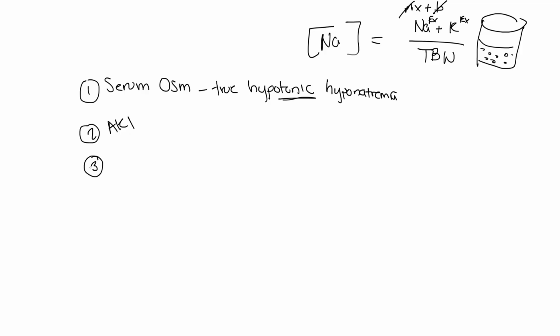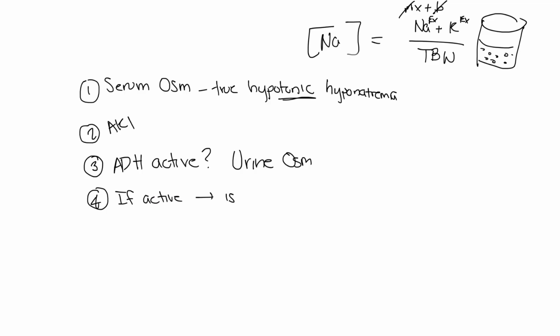The third thing that I'm going to look at is: is ADH appropriate? Is ADH active? And how do I do that? Well, I look at my urine osms. Again, rule number 2 that we went over is that urine osms tell me how active ADH is. And if ADH is active, I ask myself, is RAS active?